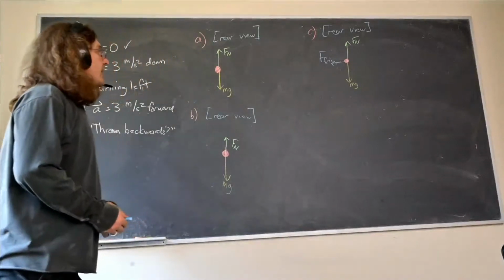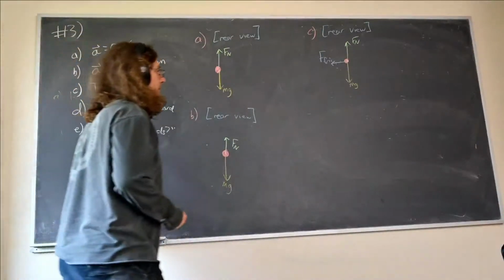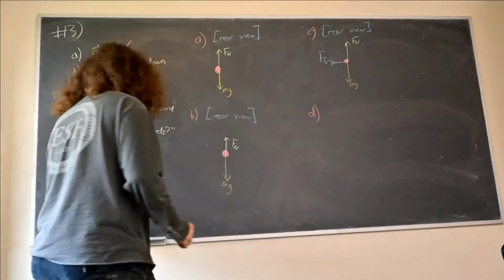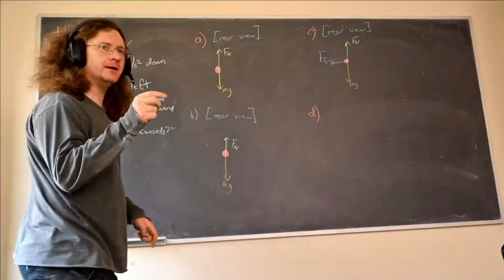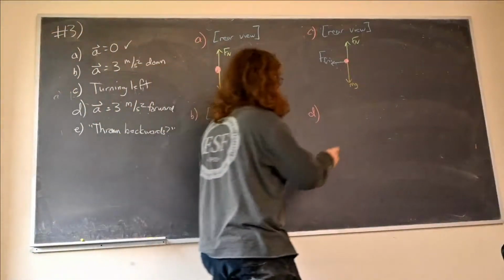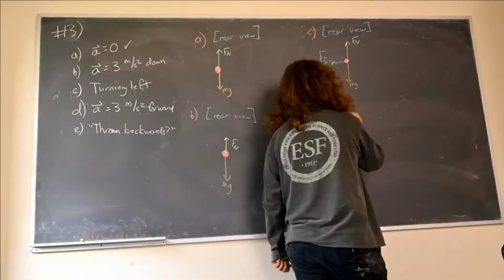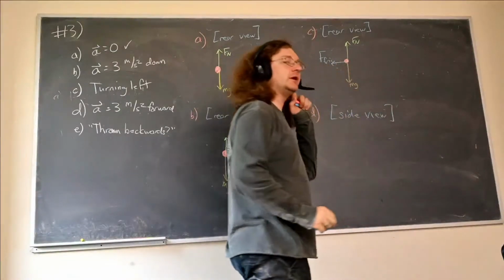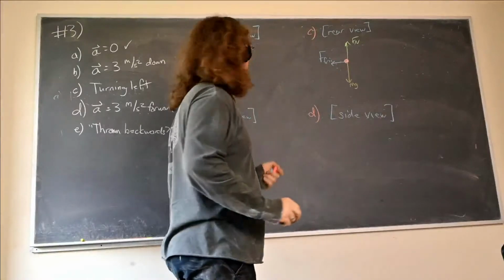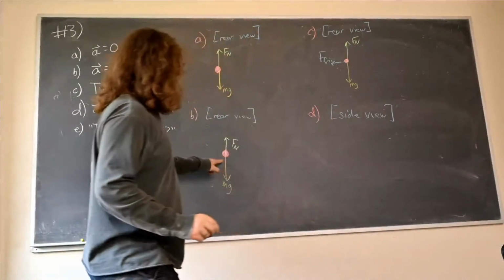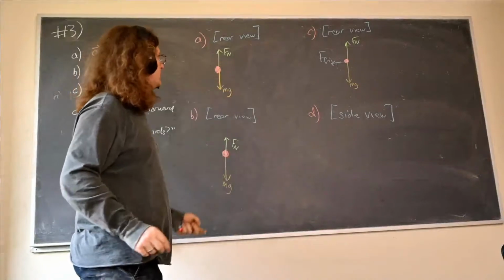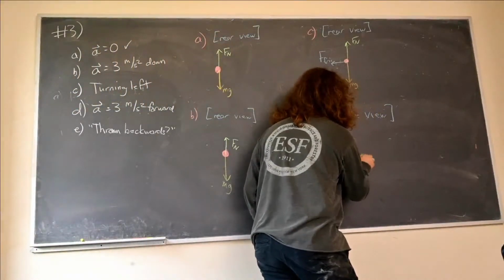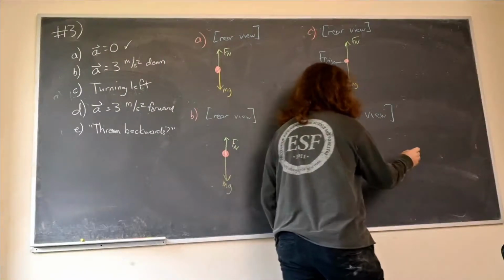Part D says, what if I am accelerating forward? Well, if I'm accelerating forward, I need a way to draw an arrow pointing forward. So now I have to draw the force diagram looking at the person from the side. So in all of these, this is up, down, left, right. But now I'm looking at my person from the side.